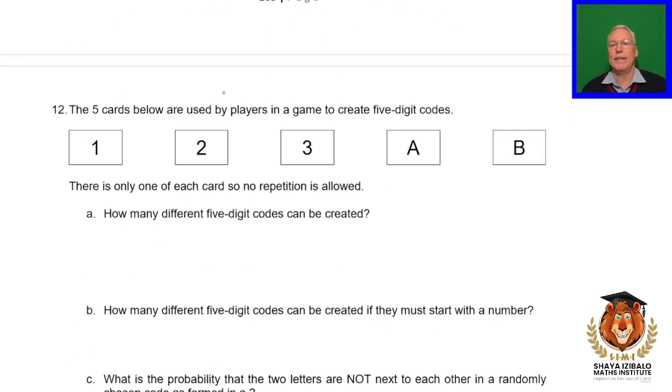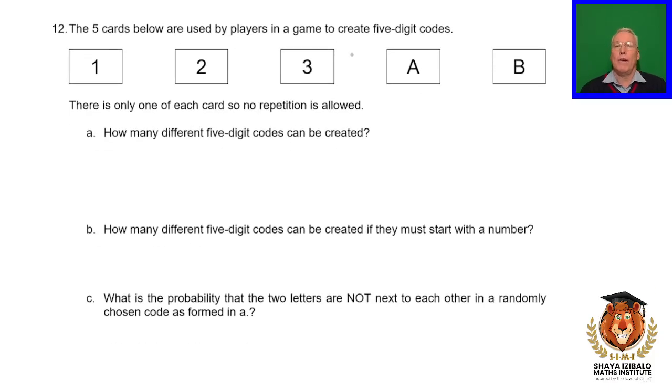Okay, next question. So we've got these 5 cards. How many different 5-digit codes can be created? Well, the answer to that is just going to be 5 factorial, because we've got a choice of 5 things, then 4, then 3, then 2, then 1, so 120. How many different 5-digit codes can be created if they must start with a number?